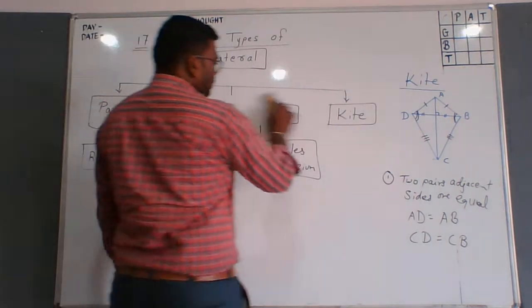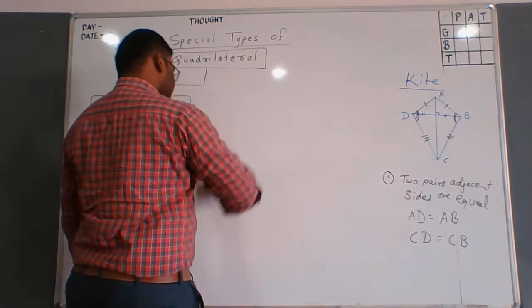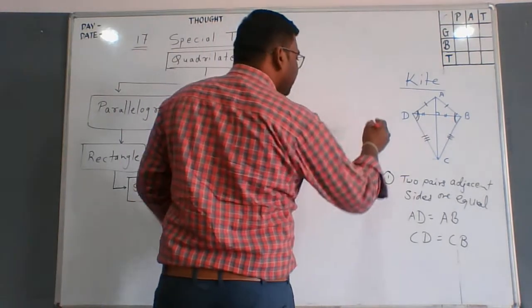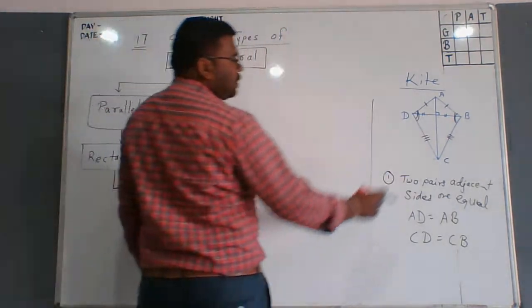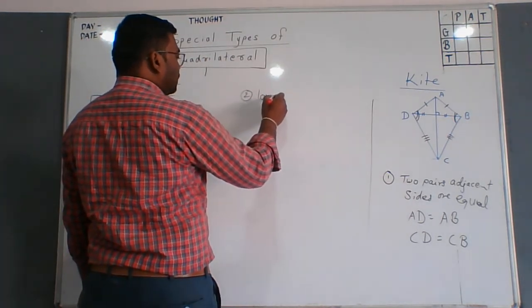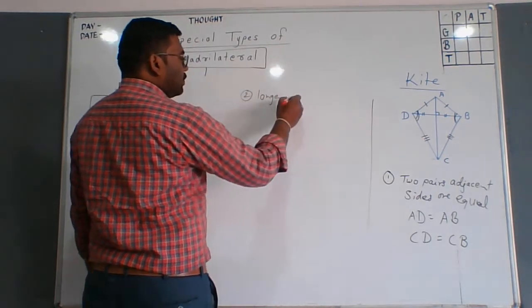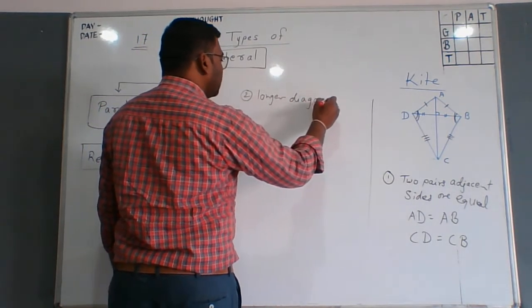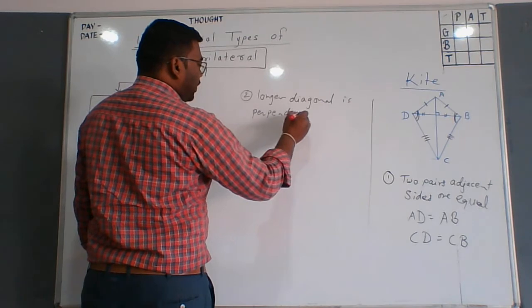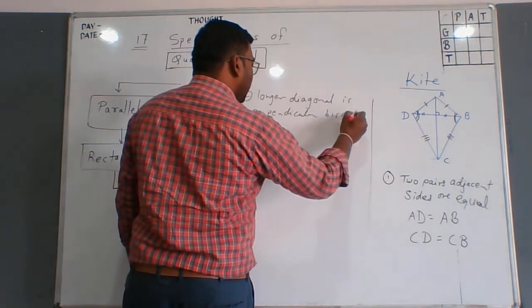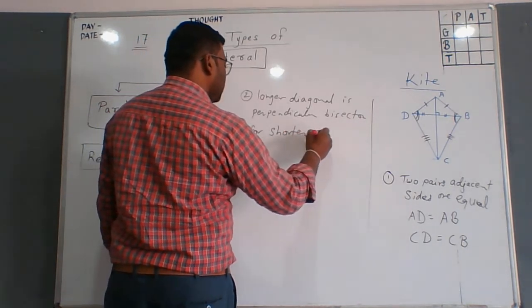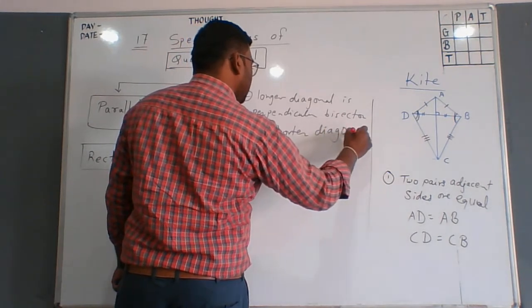Our second property is the longer diagonal is the perpendicular bisector for the shorter diagonal.